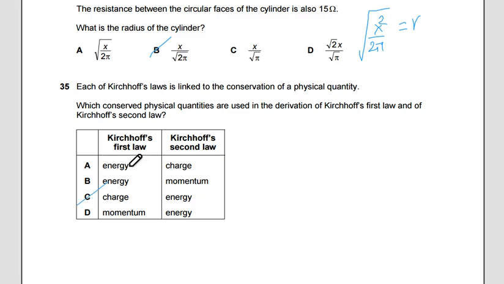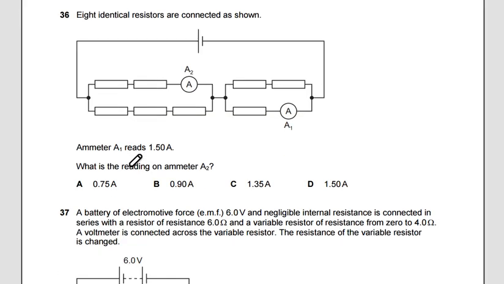Kirchhoff first is for conservation of charge, and second for energy. Okay. If I1 is 1.5, so the current in this branch is 1.5 ampere, and we need to know the current in the second branch, because if we knew it, we will be able to get the total current in the circuit, because both of them are united here.